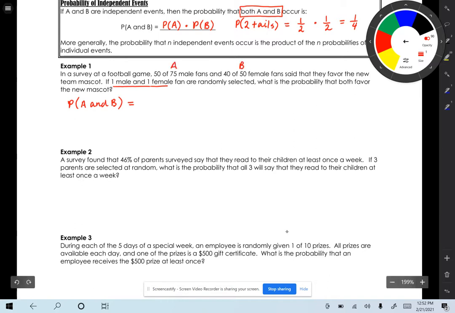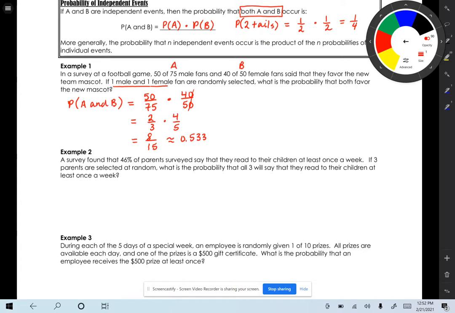So we have 50 over 75 times 40 over 50. And then I'm just going to reduce my fractions. I'm going to divide top and bottom by 25, so 2/3. Here the zeros cancel, 4/5. And that's equal to 8/15, which is 0.533, which happens to be 53.3%.